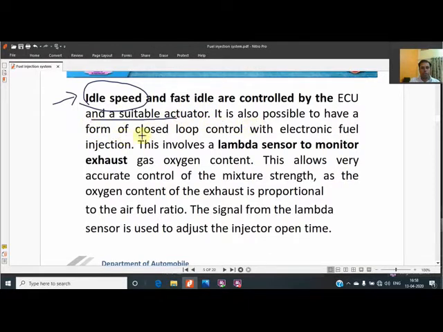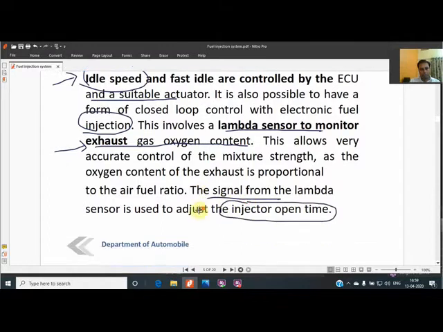It is possible to have a form of closed loop with electronic fuel injection, because these electronic fuel injection systems are used to determine how much fuel is to be injected. The sensing also comes from the lambda sensor, because what oxygen content is there in the exhaust, whether the mixture is too lean or too rich, is also determined. And the signals of the lambda sensor are also used for adjusting the injector open time.